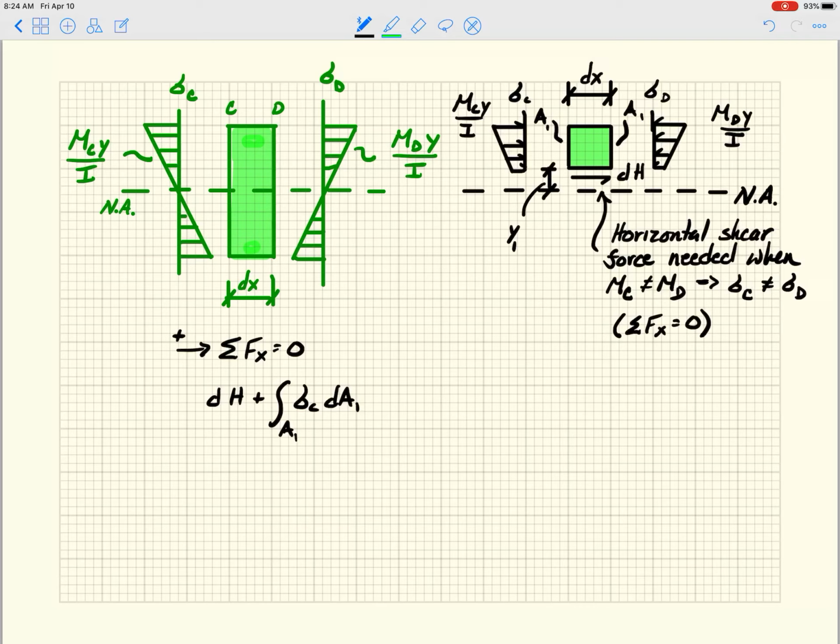So that's pushing the cube to the right. And then I'm going to have a minus sigma d dA1 over A1, and that is moving to the left, so that comes in as a negative, right? Okay, so now I can plug in.